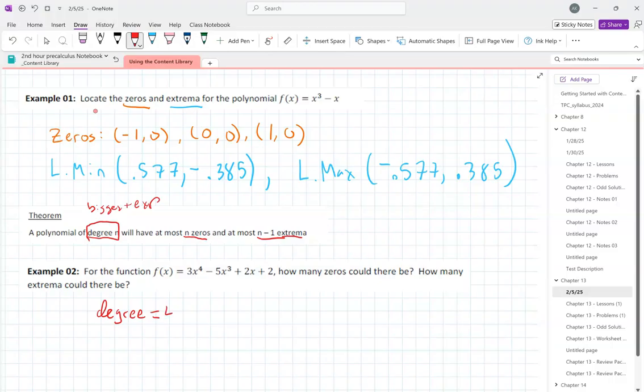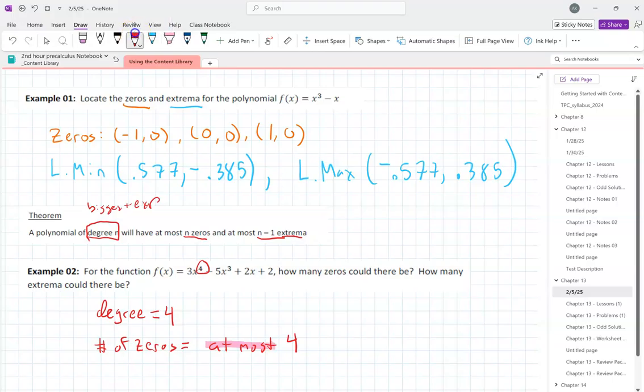Four, that is correct. Again, just the biggest exponent. So the number of zeros is going to be at most 4, the same as the degree.